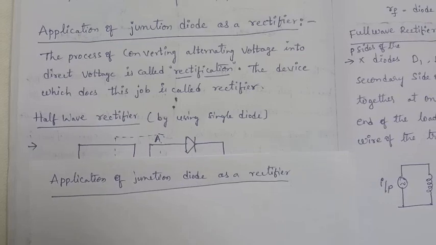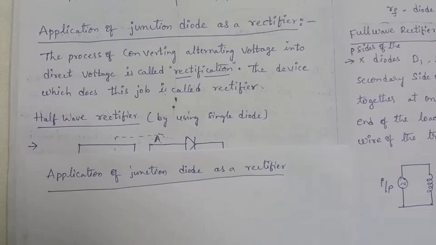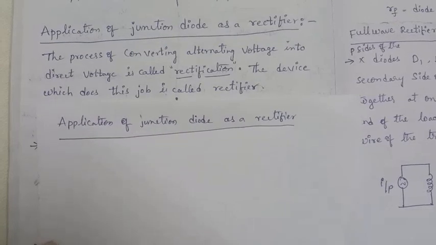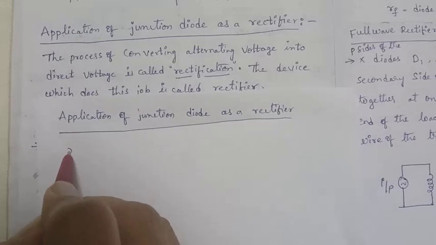Based on this, we can convert the alternating voltage into a direct voltage. This process is called rectification. So what is meant by rectification?